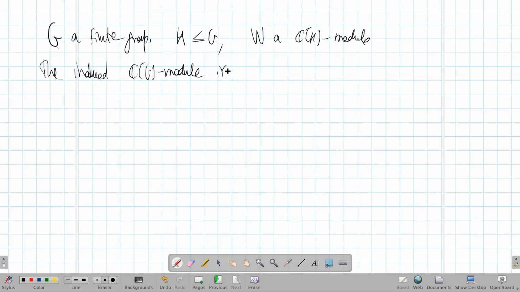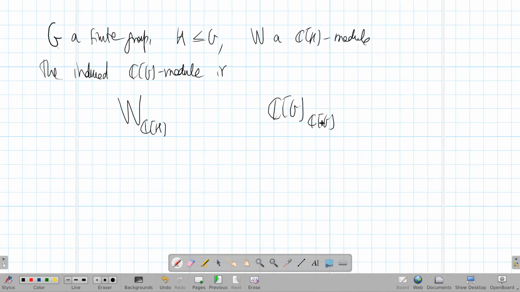is conveniently expressed as a tensor product. So the idea, you have W, which is a right CH module, and then you have CG here, which is a bimodule, meaning it is a right CG module because you multiply on the right.